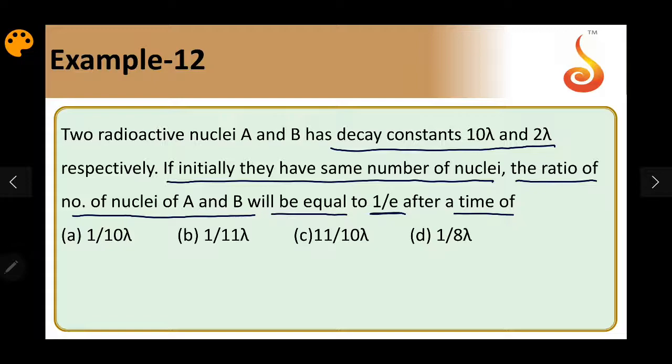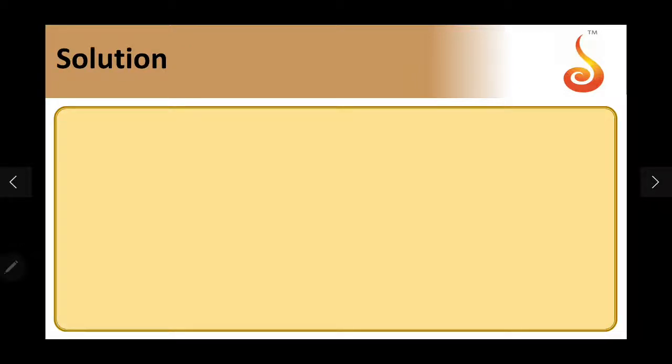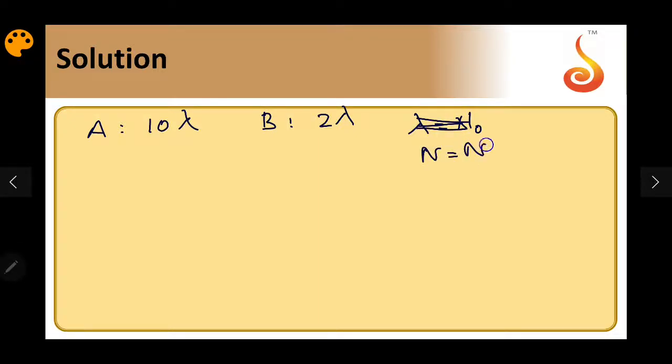So we need to go to the formula of radioactive disintegration. For A, this is 10 lambda, and for B, it is 2 lambda. So I know the general equation, N is equal to N naught e to the power of minus lambda t.